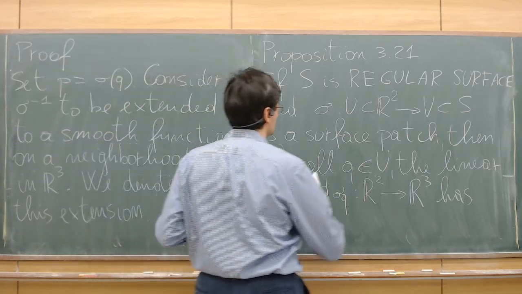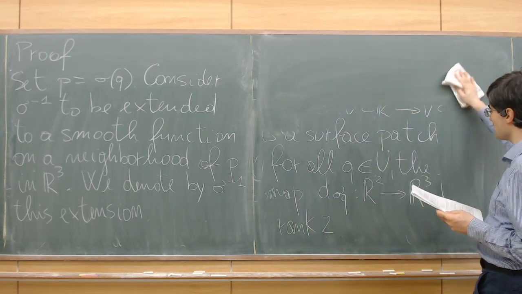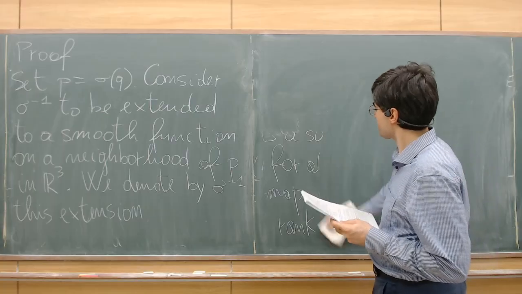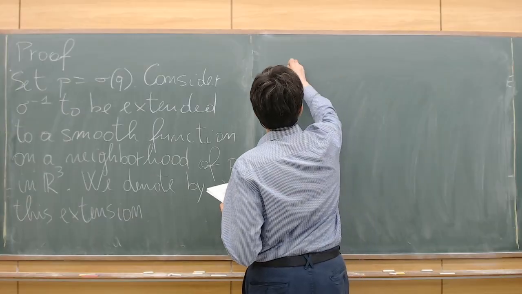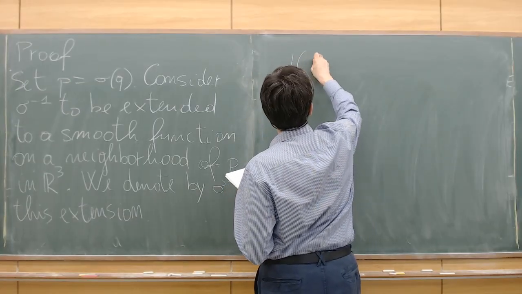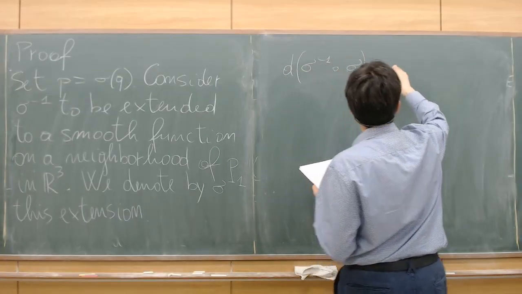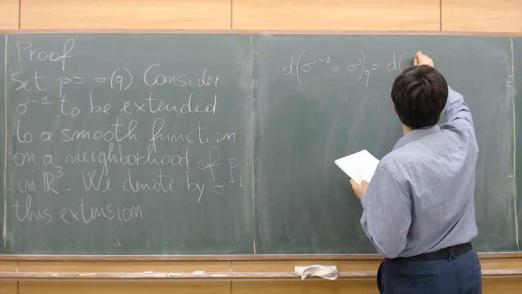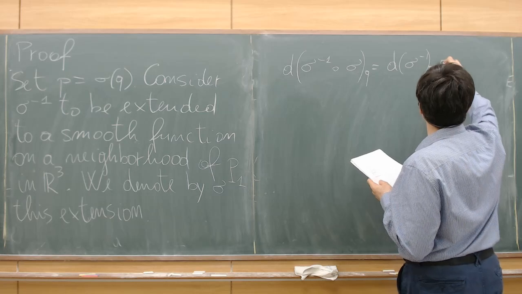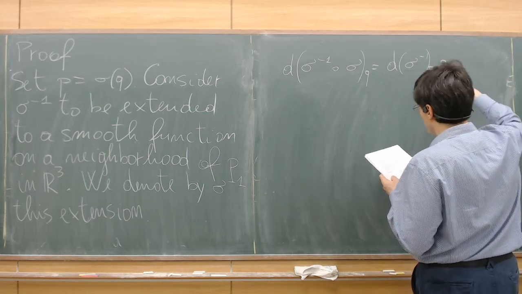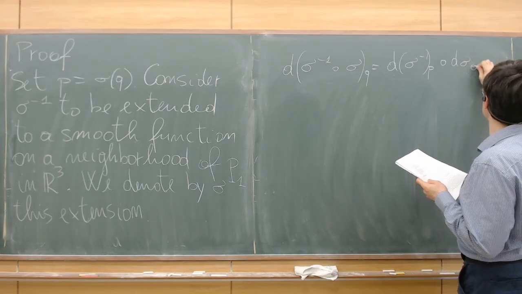Then we can use the chain rule. And we have the derivative of sigma inverse composed with sigma at q. This is equal to the derivative of sigma inverse at P composed with the derivative of sigma at q.